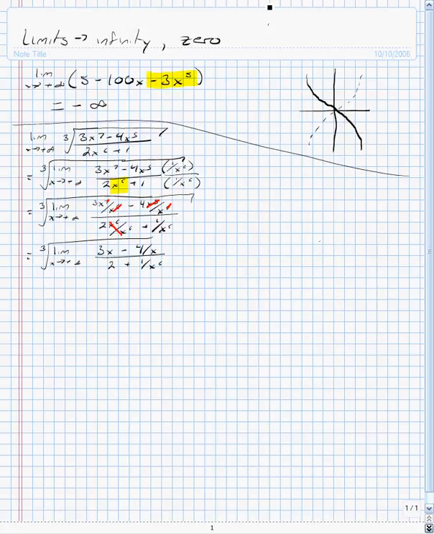Now what we can do then is, if we go back to our laws of limits, we can distribute this limit for each one of these values.